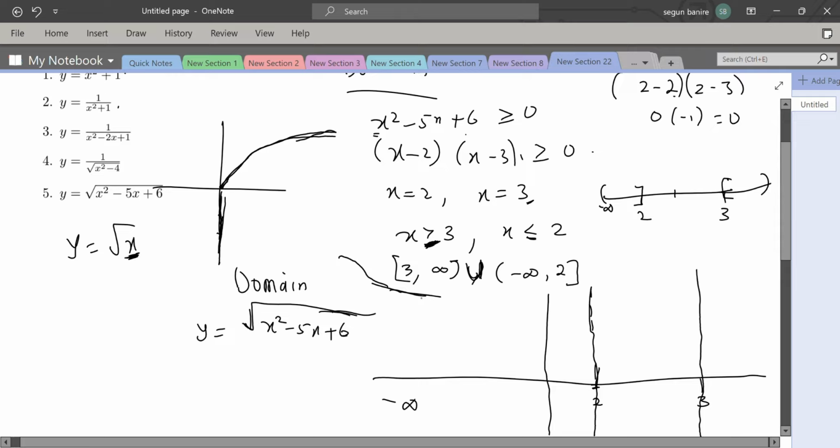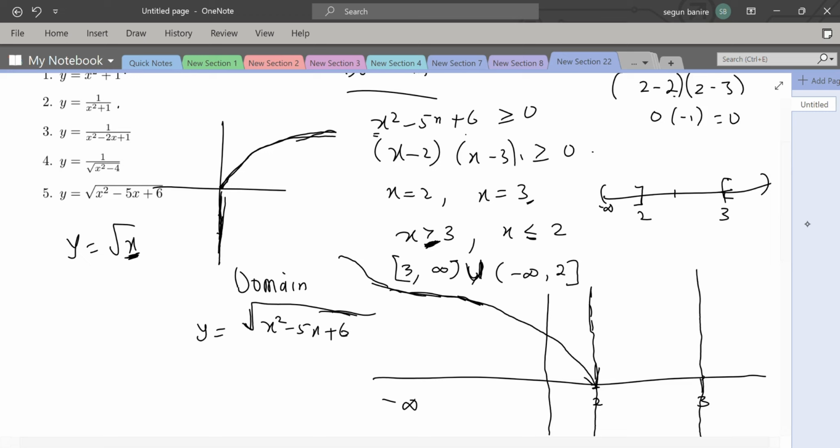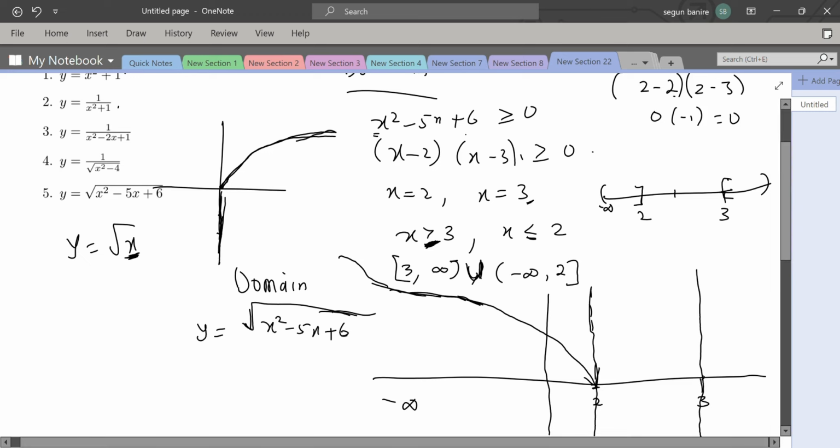Then as you are moving closer to 2, it will approach 0 like this. That is how it will come. Same thing for 3. 3 is 0 now. When you put 3 here, you get 0 for y. So it will start from that 3. Then as you move, it will go on and on.